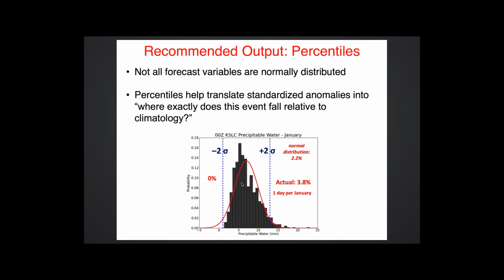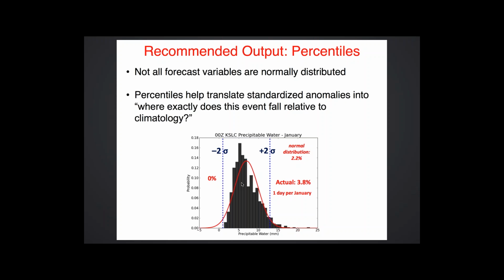So if we apply the normal distribution, which is what you're doing when you're coming up with a standardized anomaly, it's going to suggest things that aren't necessarily true about the data set. For example, according to the normal distribution, about 2.2% of values should fall 2 standard deviations above the mean.